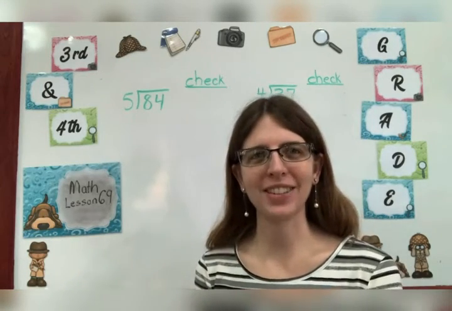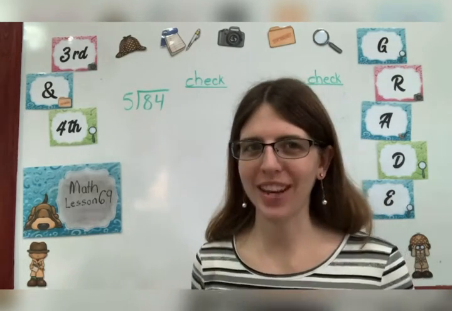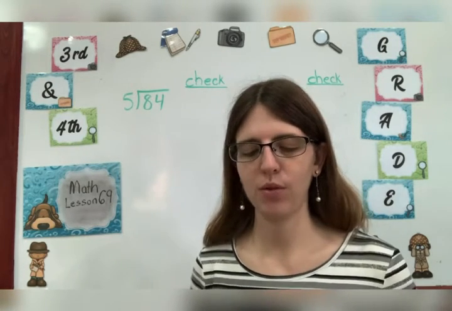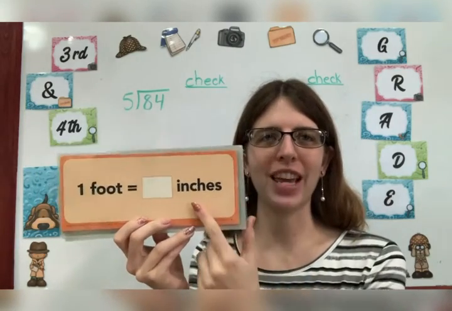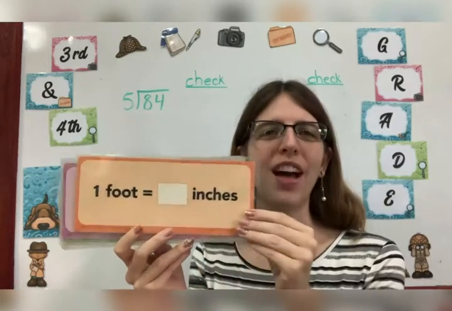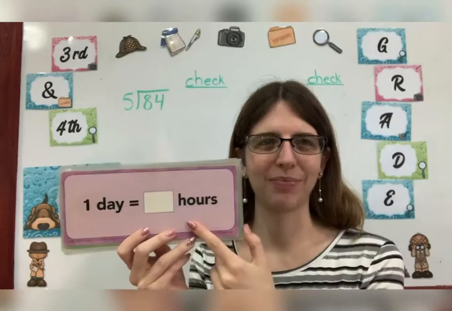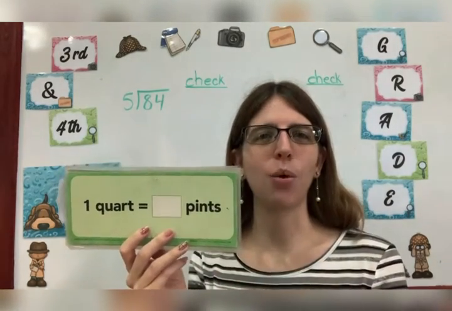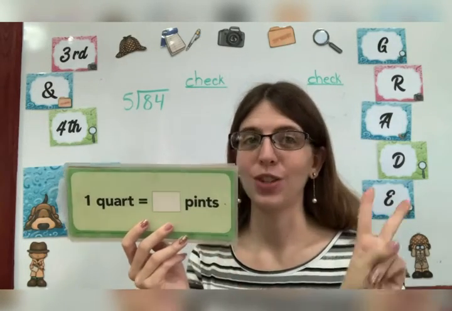Let's go ahead and get started again with your measures because we're going to add a new one today. So I'm going to mix these up from yesterday. Here we go. 1 foot equals how many inches? 12 inches. 1 day equals how many hours? 24 hours. 1 quart equals how many pints? 2 pints.